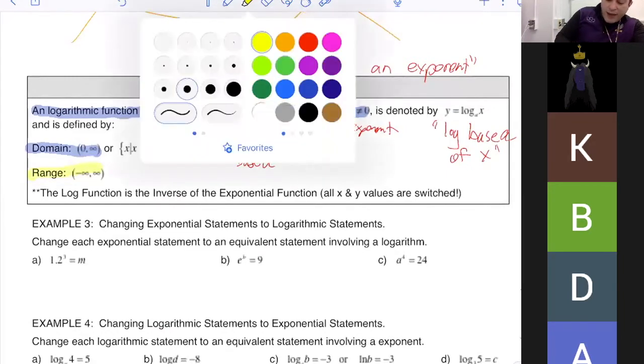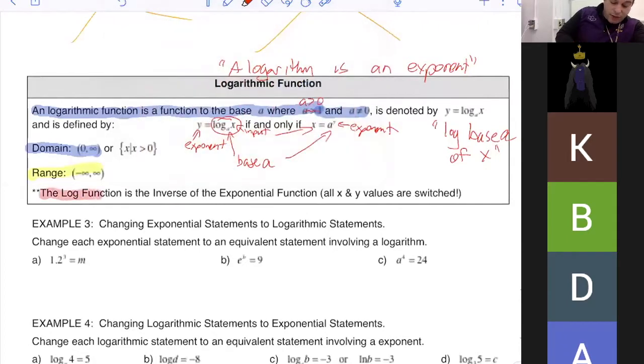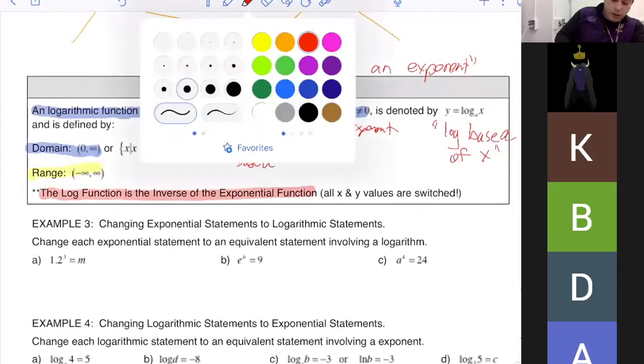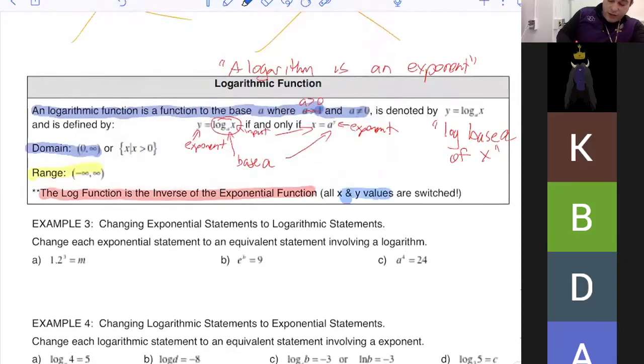The reason is that the log function is the inverse of the exponential function. All x and y values are switched. I'm going to ask you a question later today of how do you find the inverse? This is the key: switch those x and y values and you can find the inverse that way.